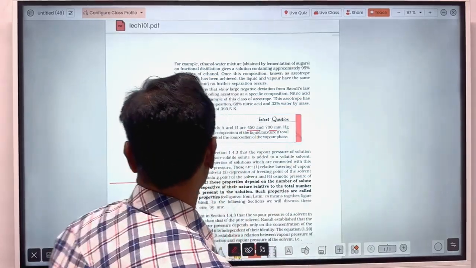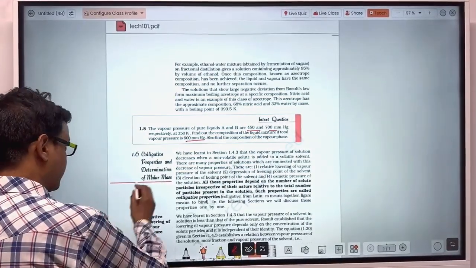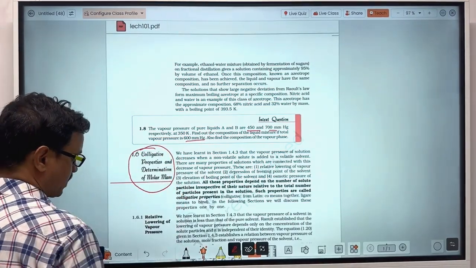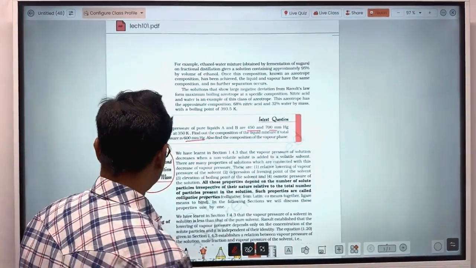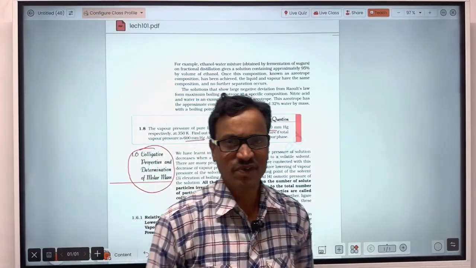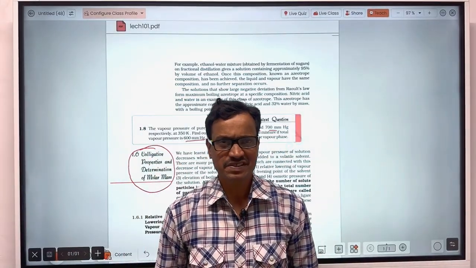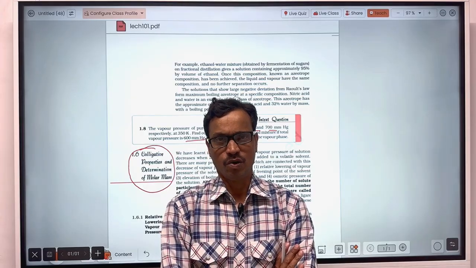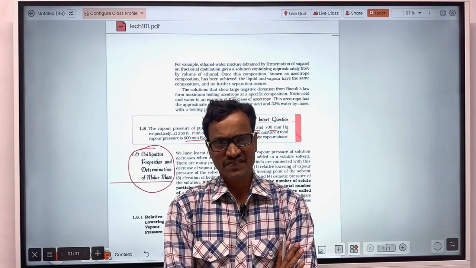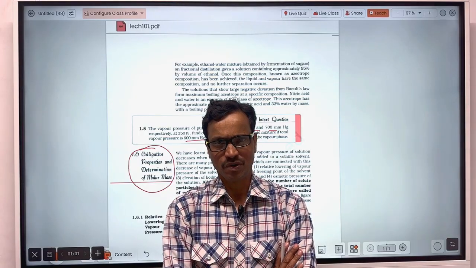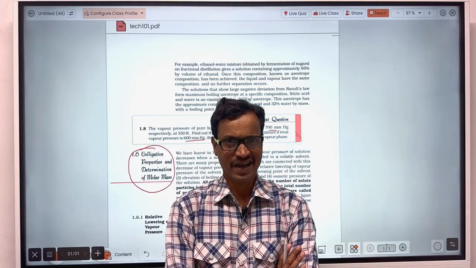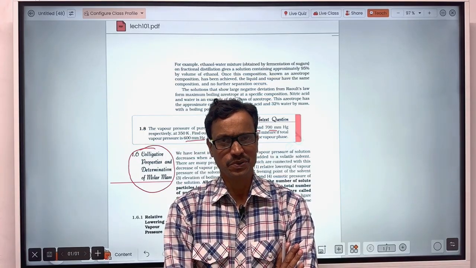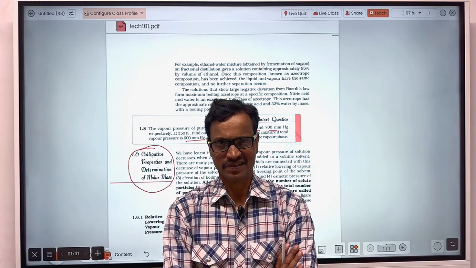Okay, now in the next videos we will study colligative properties and determination of molar mass. First of all, what are colligative properties? The properties which only depend on the relative number of moles of solute and do not depend on the nature of solute or solvent particles.